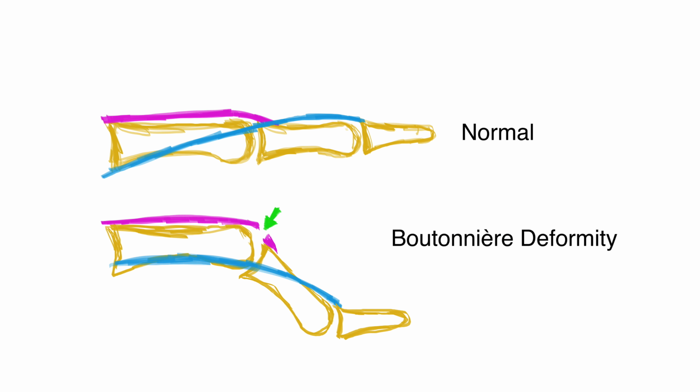So here on the top is normal, and then you get the central slip injury, which then leads to the triangular ligament failure, then causes the two lateral bands to fall volarly, which then causes the boutonniere deformity.